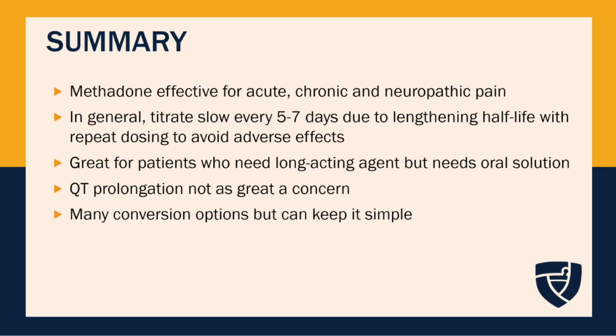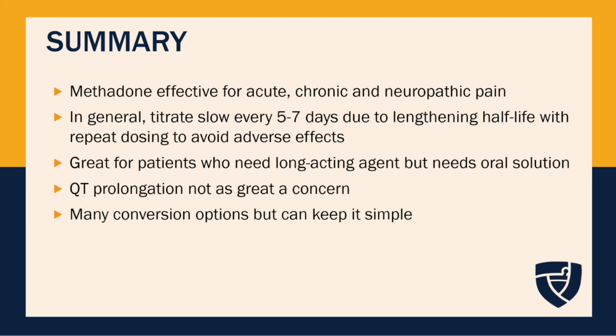So in summary, methadone is effective for acute, chronic, and neuropathic pain, to name a couple of possible options. In general, you want to titrate slowly every 5 to 7 days due to the lengthening half-life that occurs with repeat dosing, to avoid adverse effects. It's great for patients who need a long-acting agent but need an oral solution as well.